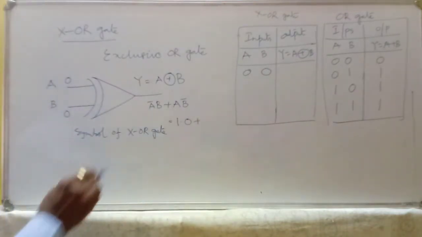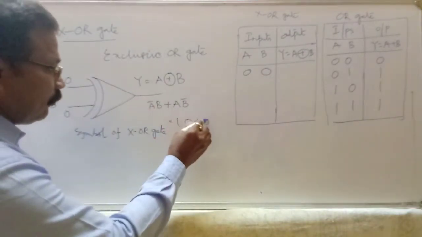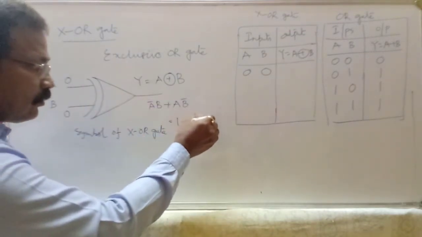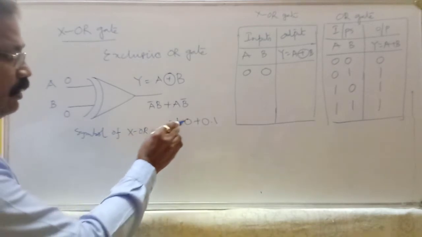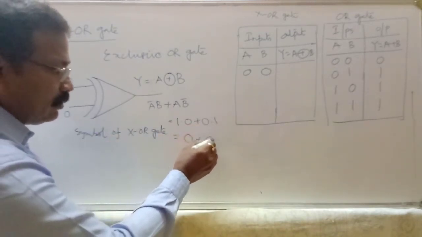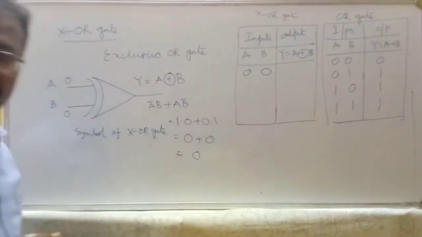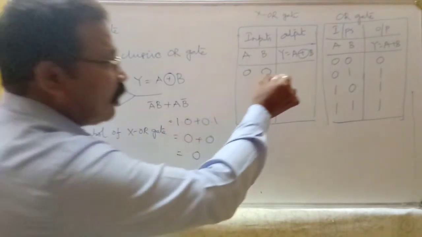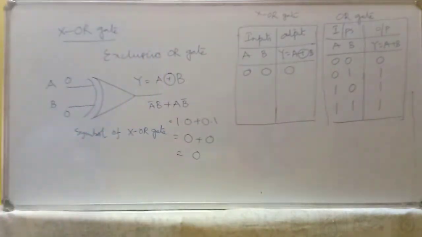Plus A is 0, B bar: 0 bar means 1, so 0 into 1 is 0. 0 plus 0 is 0. So, when both the inputs are 0 and 0, the output becomes 0.